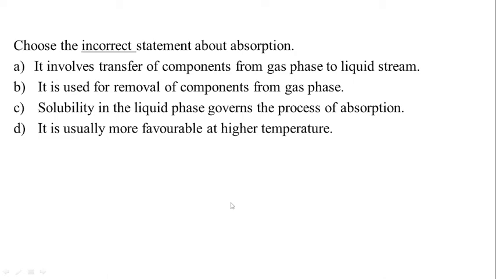So it not only condenses, it subcools as well. Now comes the question: if it subcools, how to control it? Let's look at the role of the condenser in controlling the column top pressure. It's like this.